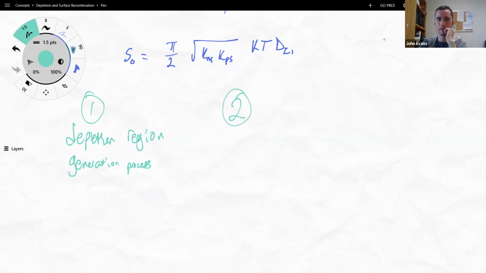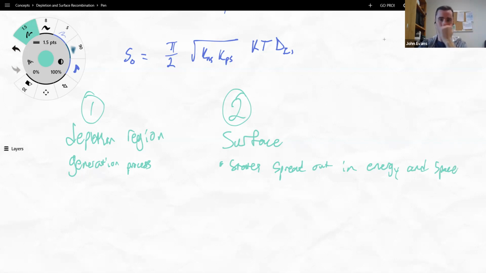Number 2, at the surface, we have states spread out in energy and space. We know that for the basic recombination, we add up all rates, and that is non-trivial. That basic equation, remember, is not the easiest thing to solve.